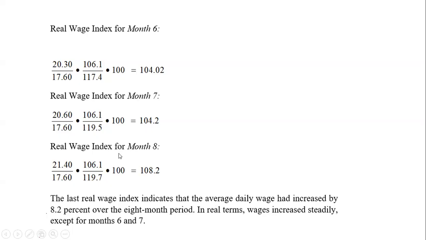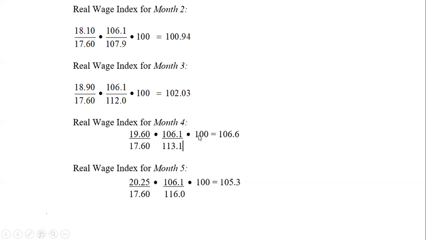So if you compare month 6 and month 7, the increase was what? That's 4.02, and month 7 is 4.2. So it's just similar. But the rest, you saw great increases. So it was increasing steadily.